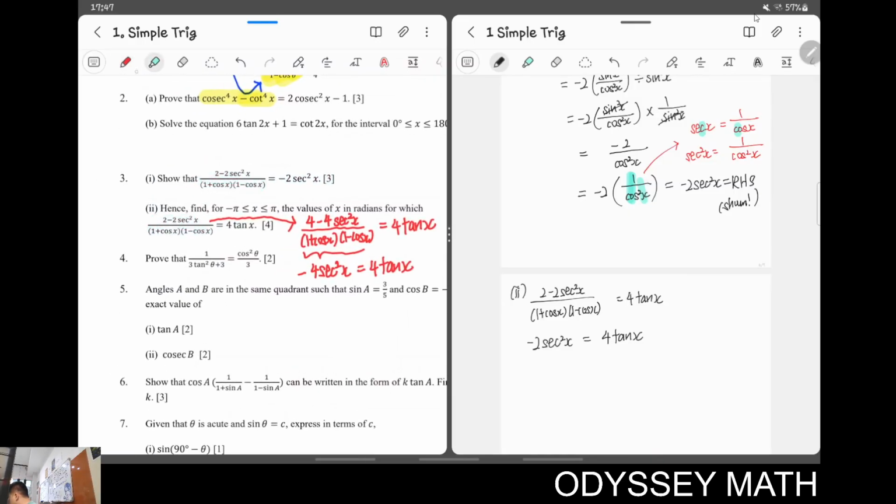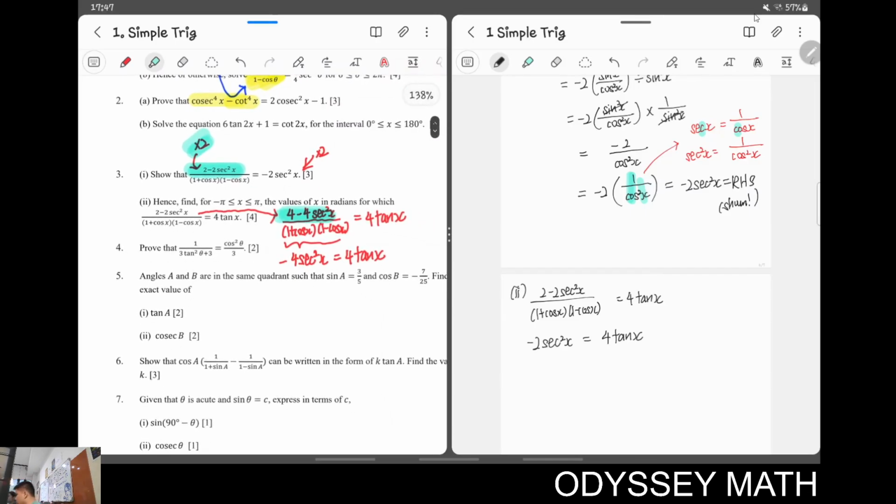So what you must recognize is that if I multiply both sides here by 2, multiplying 2 to this gives me this. Times 2 on both sides will give me 4 minus 4 secant square x. Understand? So that is the whole idea, which will give me minus 4 secant square x.